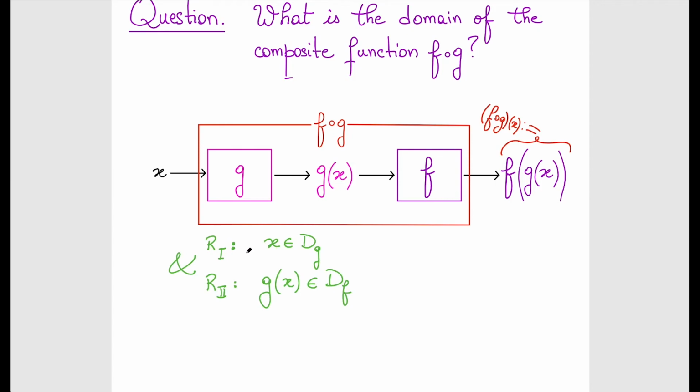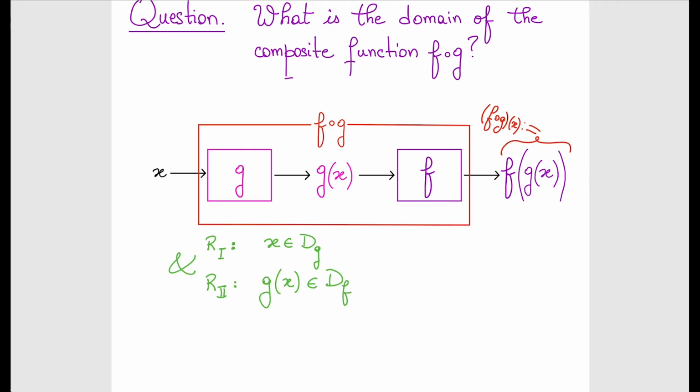So what are the conditions on x so that x is accepted by the composite function and hence lives in the domain of the composite function? X should be, number 1, in the domain of g, right? And here, in the domain of this function. And then its output, which is g of x, should be in the domain of f. Okay? So these are the only two demands that guarantee the process to go smoothly.